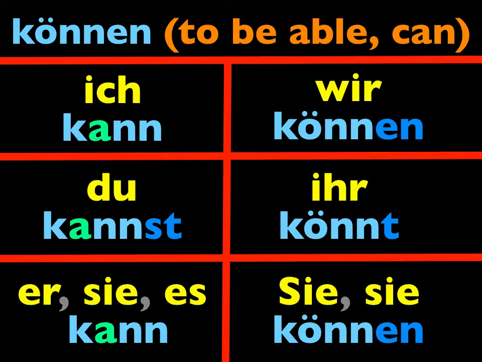The infinitive up above has an O with an umlaut, and the plural side maintains the O with the umlaut on the right-hand side, but the singular side, ich kann, du kannst, er kann, changes that vowel to an A. Also notice the ich form doesn't end in an E, like it normally does, and the er, sie, es form at the bottom doesn't end in a T like it usually does. As a matter of fact, the ich form and the er, sie, es form are exactly the same. So that makes this a little bit different. And how it's used is a little bit different too. You'll see what I mean now.